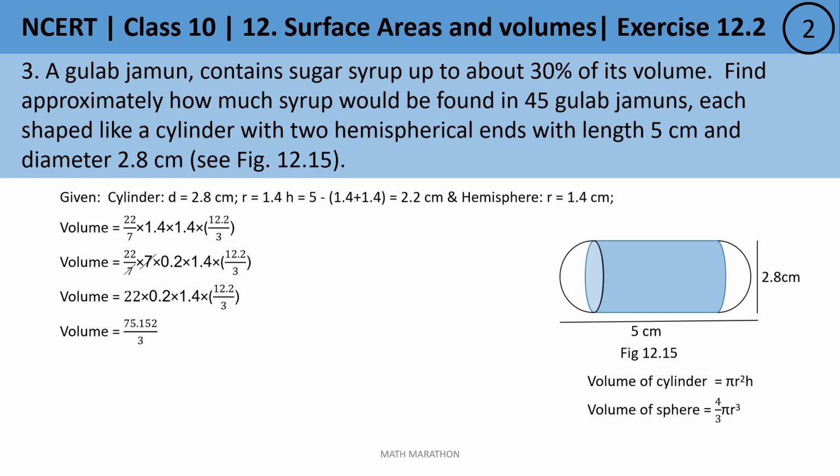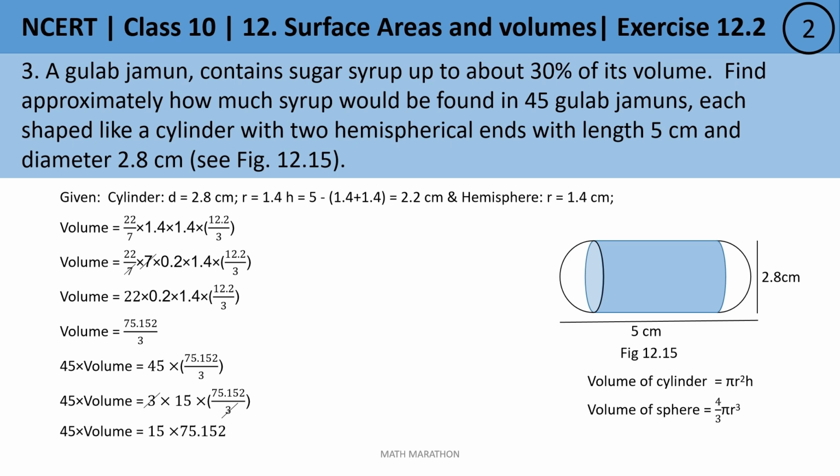We have calculated the volume of one gulab jamun. We need to find the volume of 45 gulab jamun. In numerator and denominator, we have 3. We can cancel out 3.